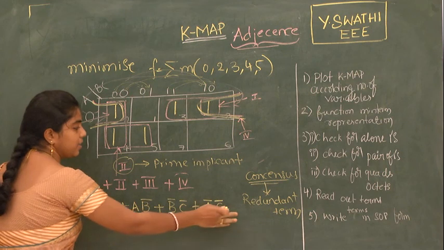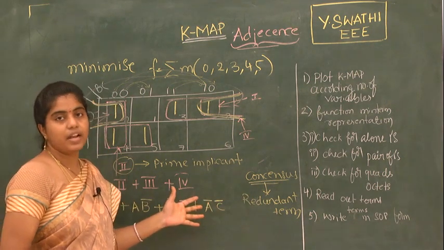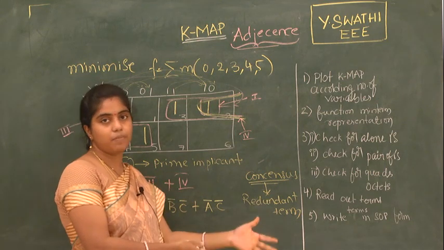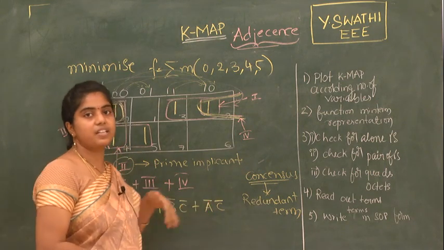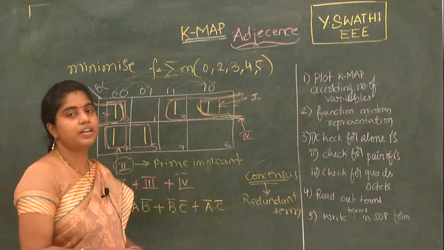So the consensus theorem says that if a term contains a variable and the second term contains the variable's complement and the third term contains the left out literals of these two terms, then the third term can be redundant.